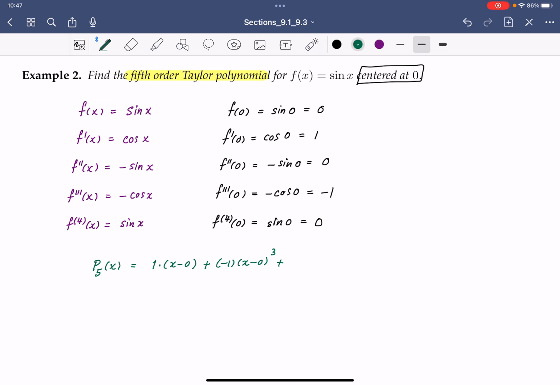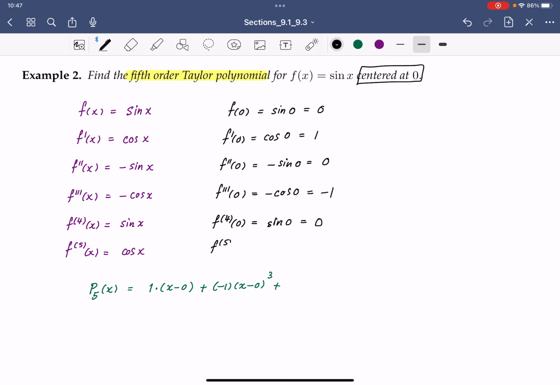And then we're going to go to the fifth order, so we're going to do one more. The fifth derivative is going to be cosine here, which means when you differentiate one more time, you get cosine 0, which is 1. So this is actually 1 times (x minus 0) to the 5th power.